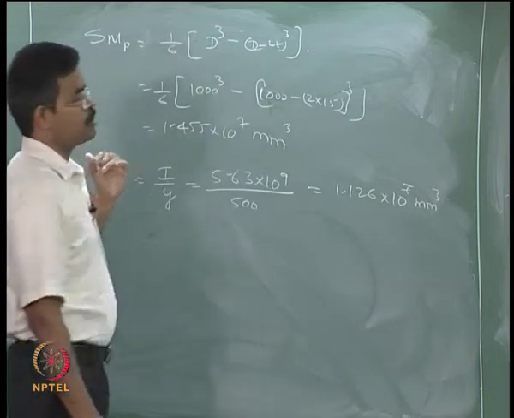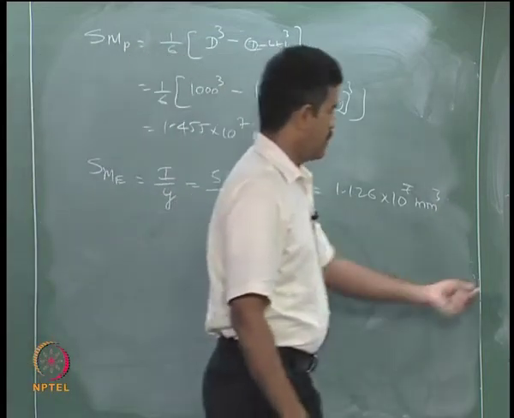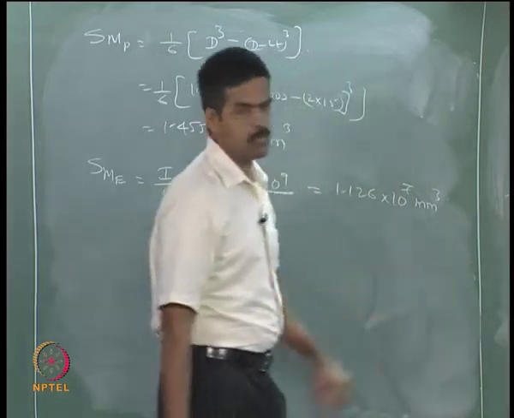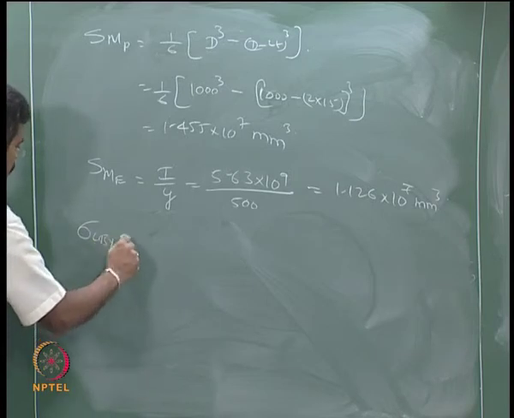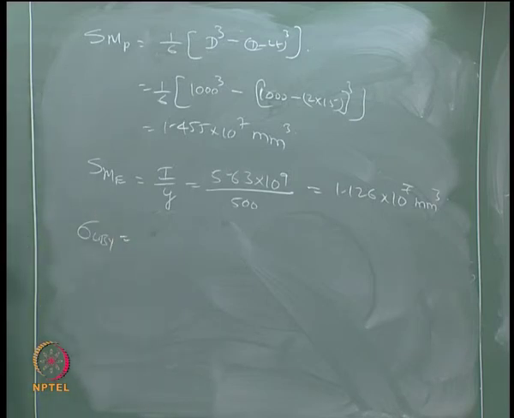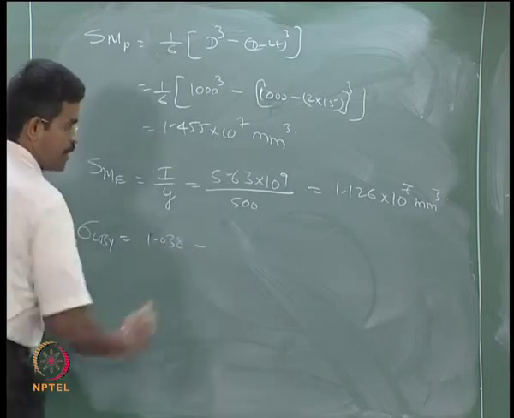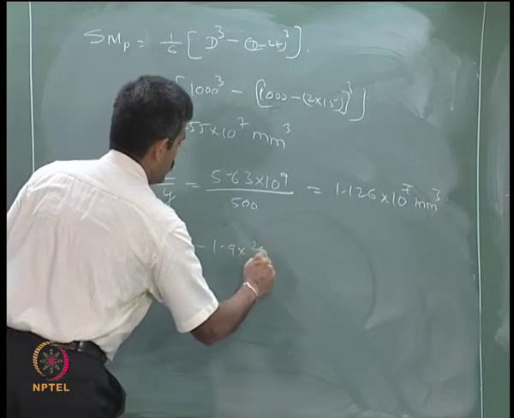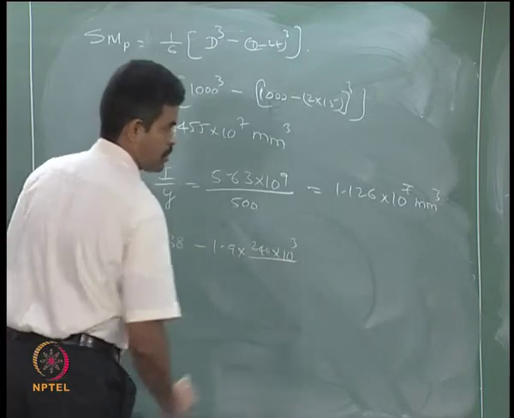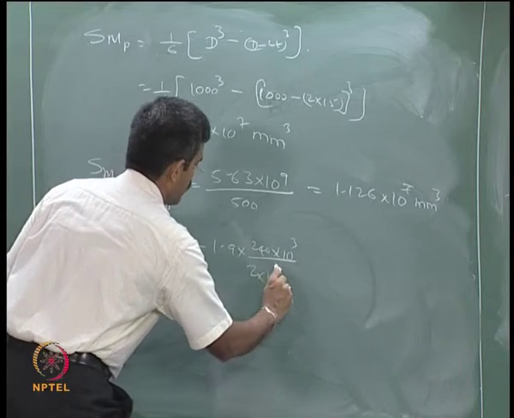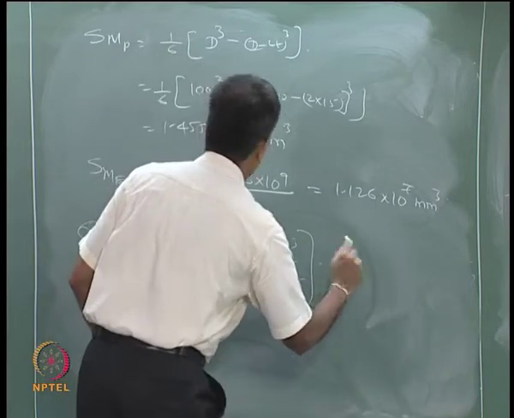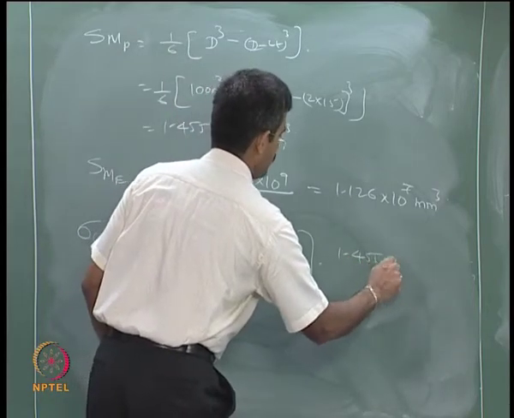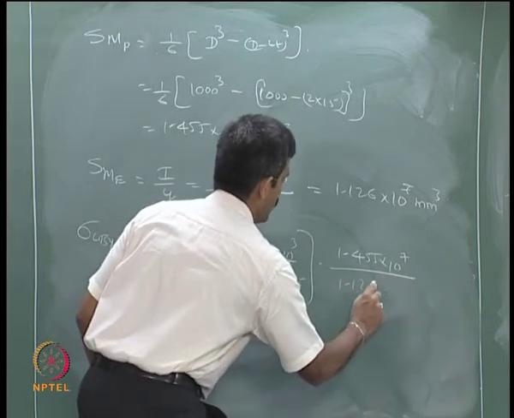So I have the ratio of these two, the plastic section modulus and the elastic section modulus, and substitute in sigma Cb. So sigma Cby is 1.038 minus 1.9240 into 1000 by 2 10 power 5 into 15 multiplied by 1.455 by 1.126.